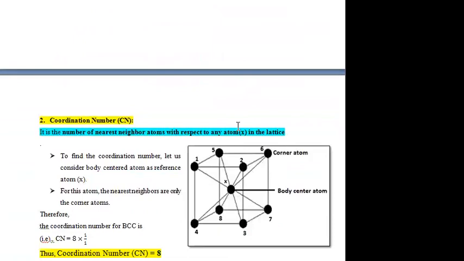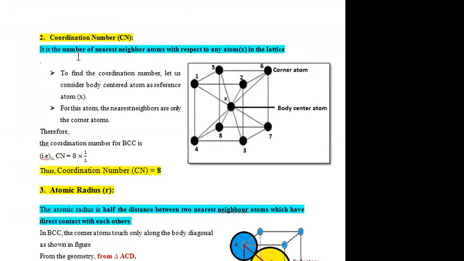The second parameter is the coordination number. It is the number of nearest neighboring atoms to a reference atom. To measure the coordination number for the BCC structure, we consider the body atom as the reference atom.